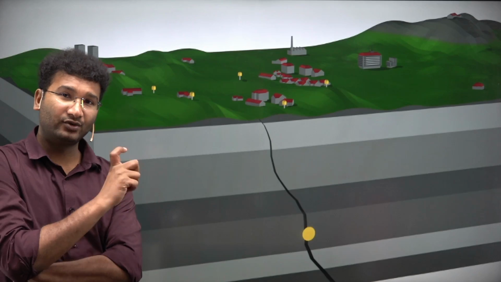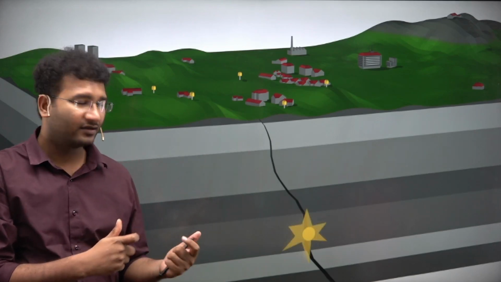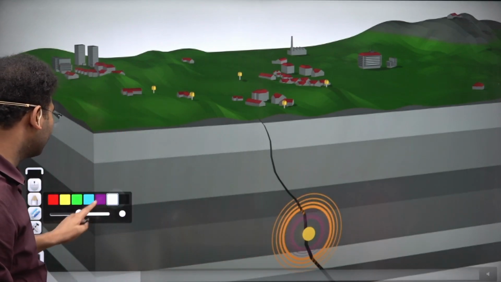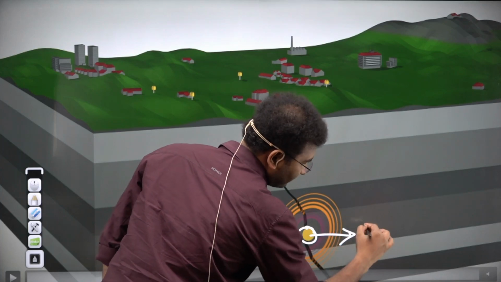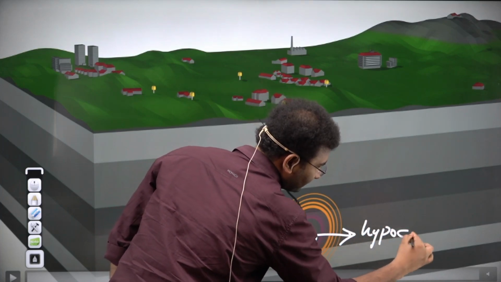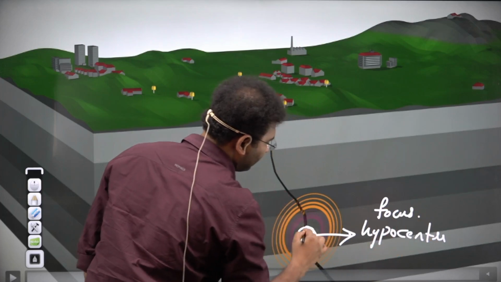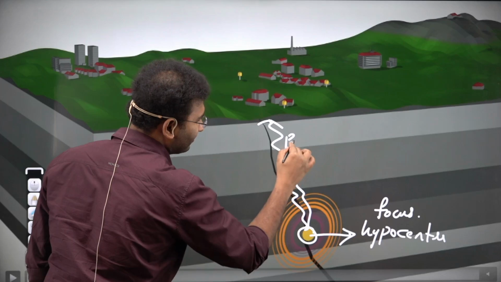So this is how you need to interlink current affairs with the static portion. What is this place called? The place where the earthquake is generated is called the hypocenter, or also the focus, and it starts to release P waves followed by the second set of waves, S waves.